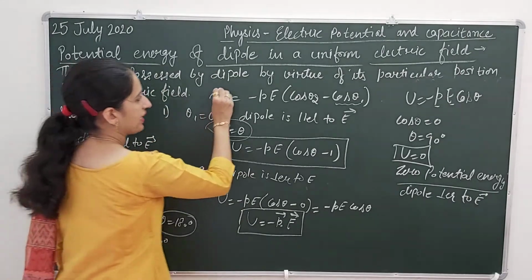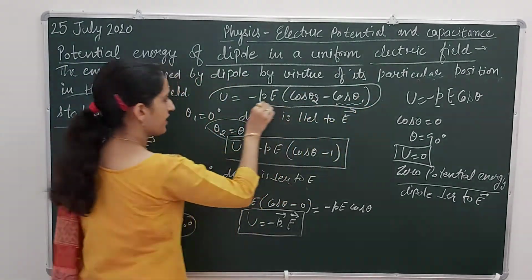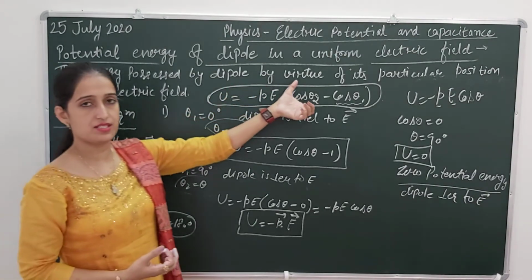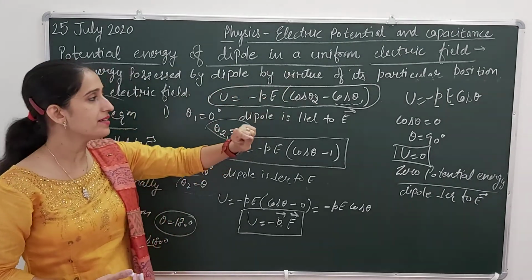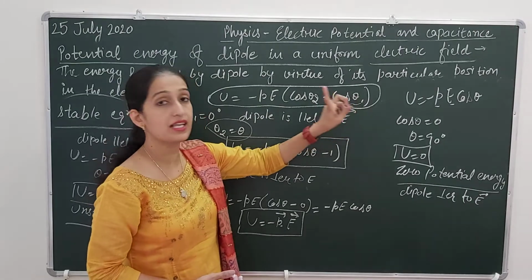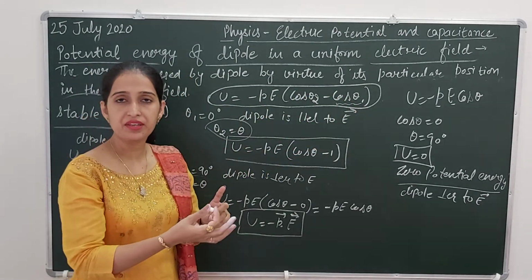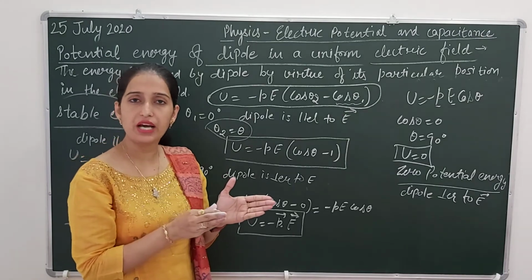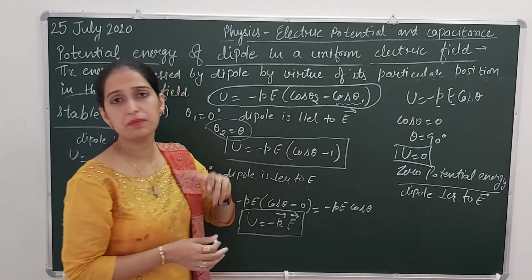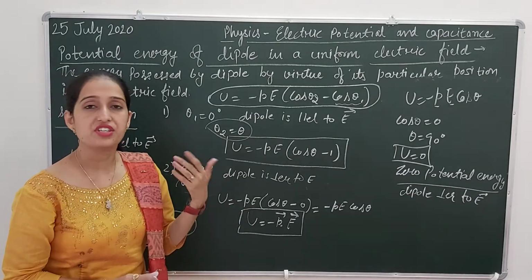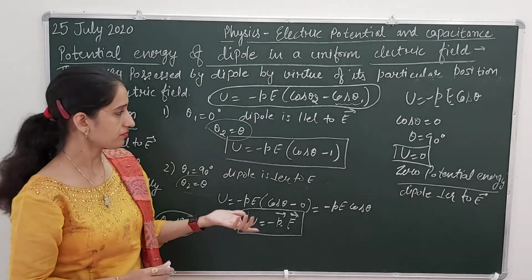This one is our final expression for potential energy. Any condition, any question can be asked on this. Just keep in mind that theta 1 is the angle between P and E initially, the initial position of the dipole, and theta 2 is the angle between P and E when the dipole is finally placed, that is, the new position.